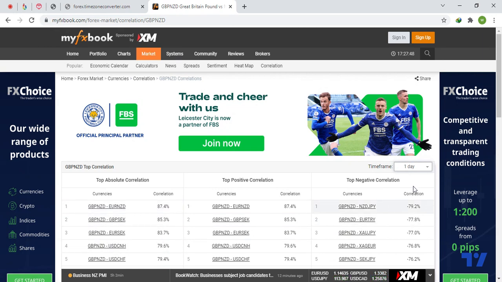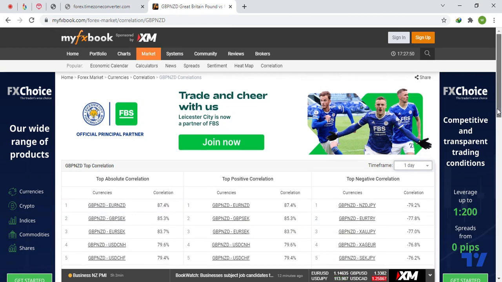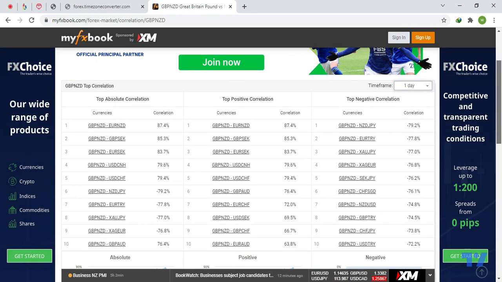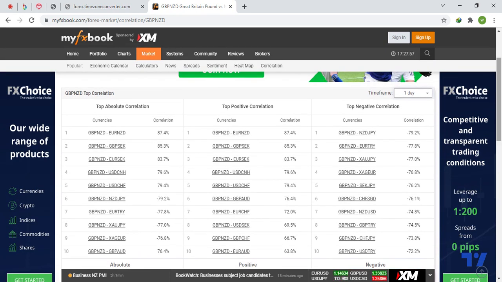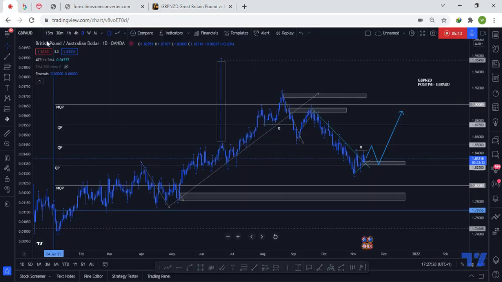Over the past day, they've not really been correlating that much, but on the long term they are. Presently, GBPNZD and EURNZD are correlating because they share NZD, but GBPAUD and GBPNZD have been correlating for the past month.